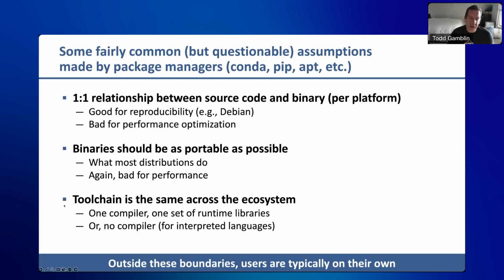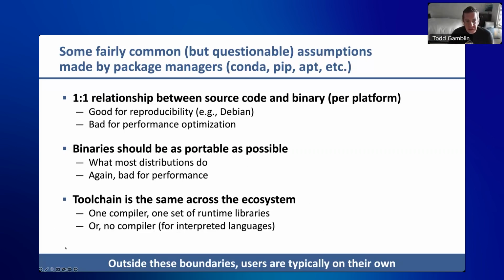And then the other assumption that comes up frequently is that most package managers at the OS level are assuming one compiler and one set of runtime libraries. And so there's just one tool chain to build the whole stack. And it's usually the system compiler. Everything is using the same, say, libstdc++. And integrating with that, you're limited to whatever the system compiler is.